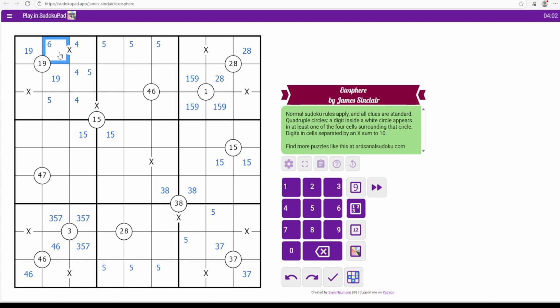That places either the 6 here or the 6 in one of those. Yeah. So we know that those between them can't be 1, 9, and they can't be 4, 6.